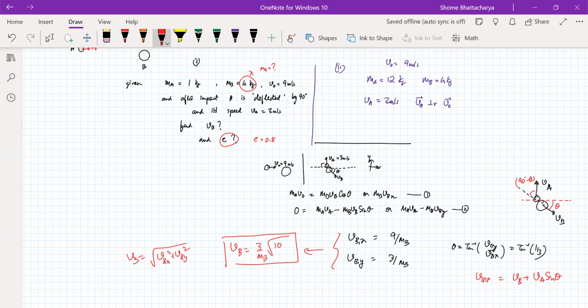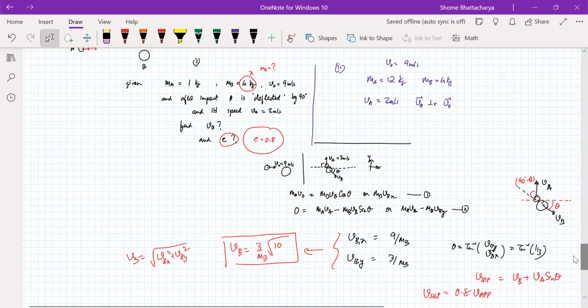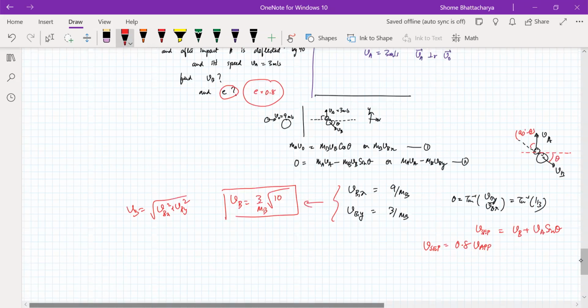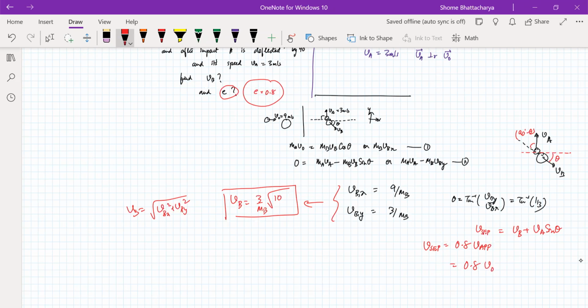So this is our separation velocity, and the coefficient of restitution is 0.8. So our separation velocity has to be equal to 0.8 times our approach velocity. In the same diagram, what is our approach velocity? Our approach velocity would be V naught cos theta, and our separation velocity would be VB plus VA sin theta.